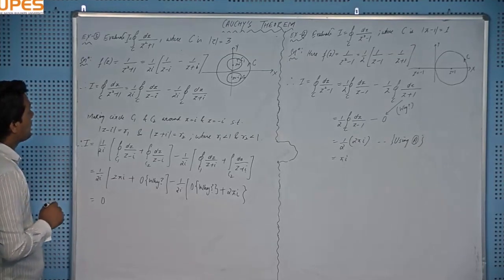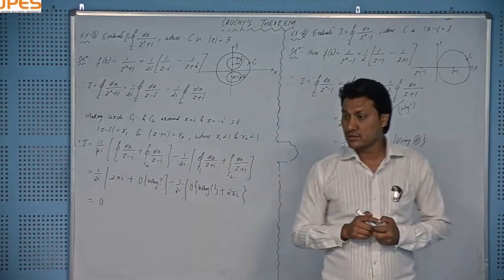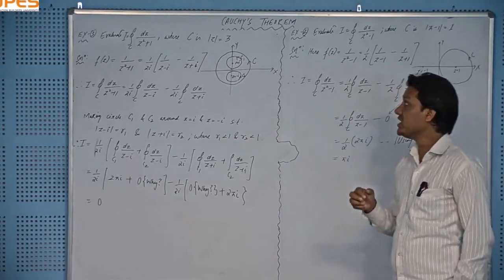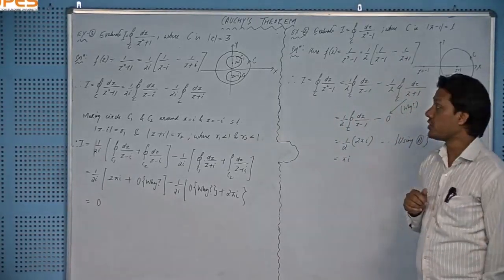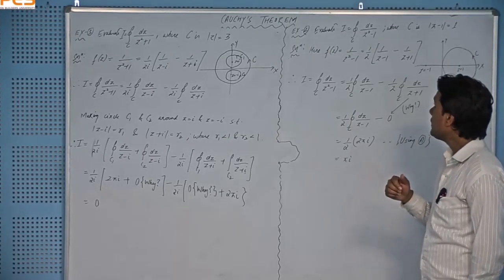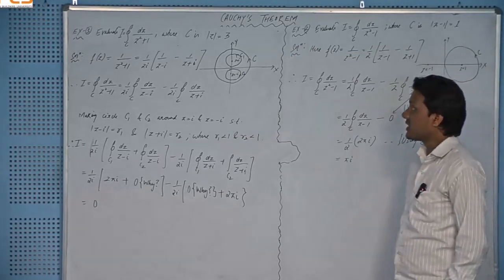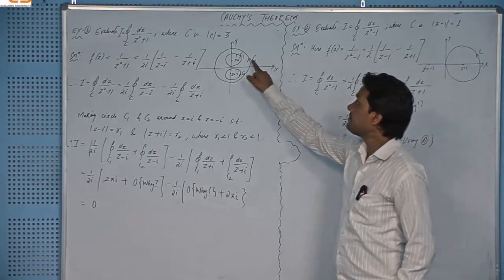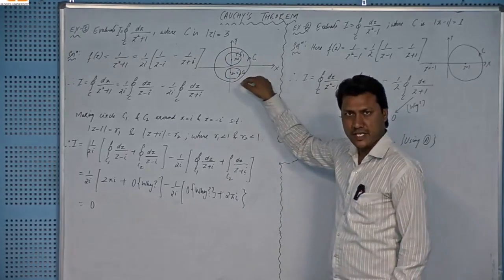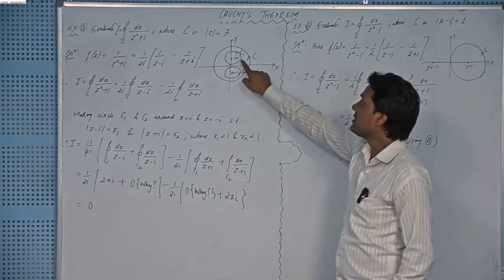So you used the Cauchy's theorem for multi-connected domains also, right? But to use that Cauchy's theorem for multi-connected domain, you need result number A. That is a very important result, right? We use that result directly, and the important part of the theorem is that for both simply connected as well as multiply connected region, you can always replace an arbitrary contour, or you can say a complex contour, a contour of any shape, by simple circles.